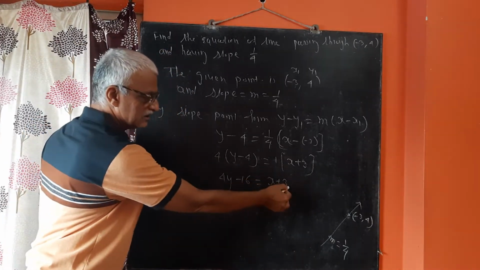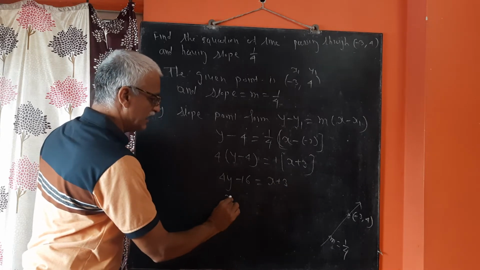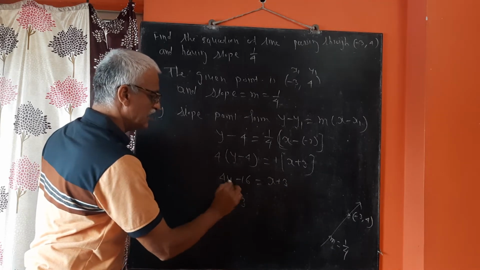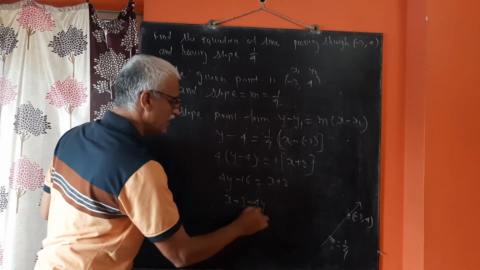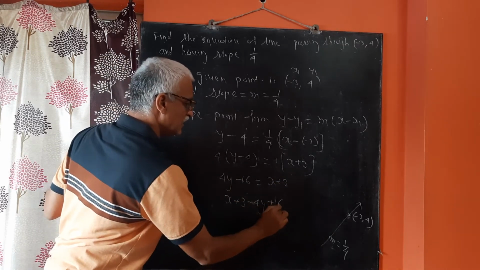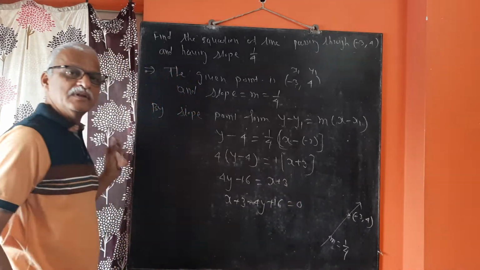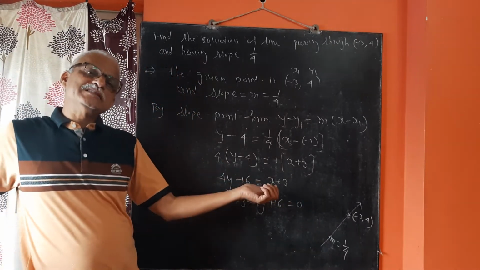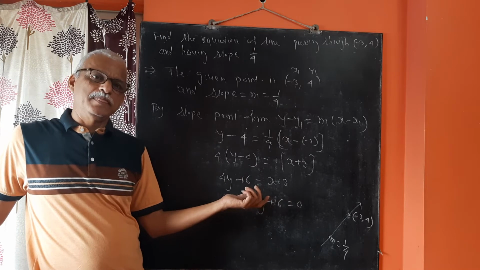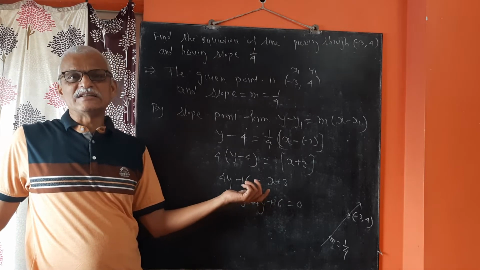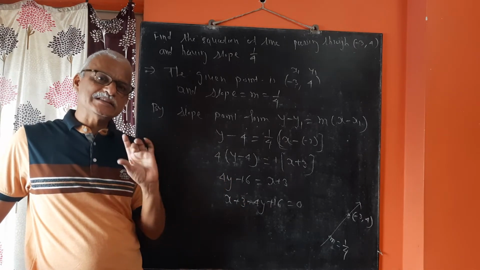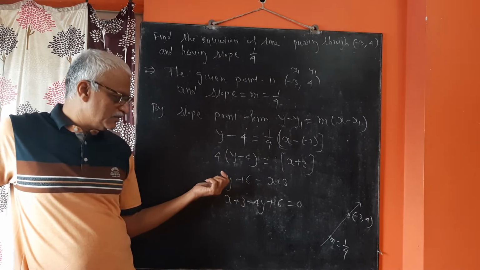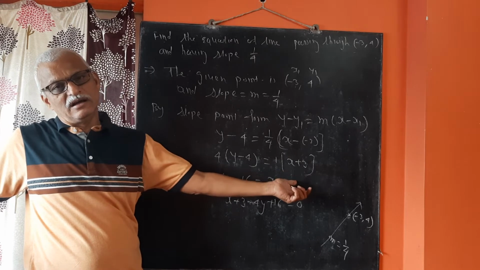Shifting the terms to the other side, we get x plus 3 minus 4y plus 16 equals to 0. Generally, keep the coefficient of x as positive. It is not necessary, but it is always better to keep the coefficient of x as positive. That's why I have shifted this 4y minus 16 on this side.